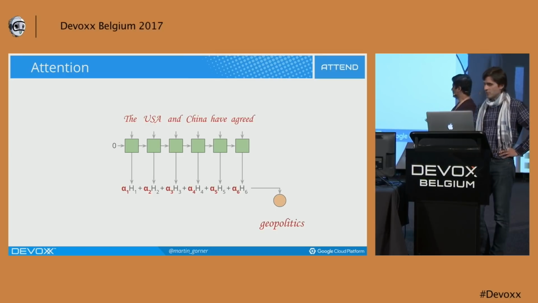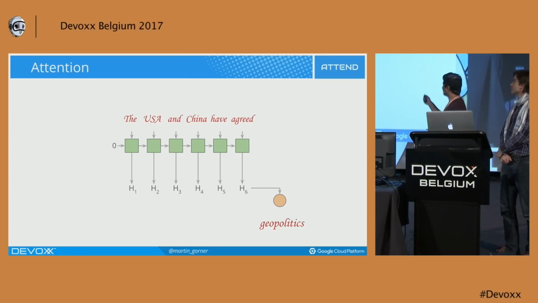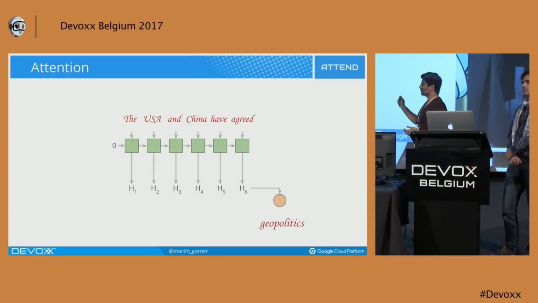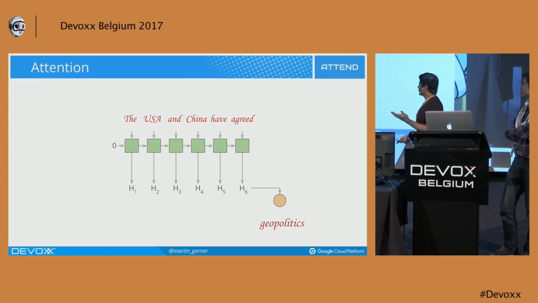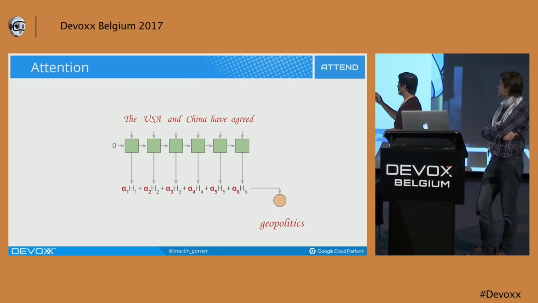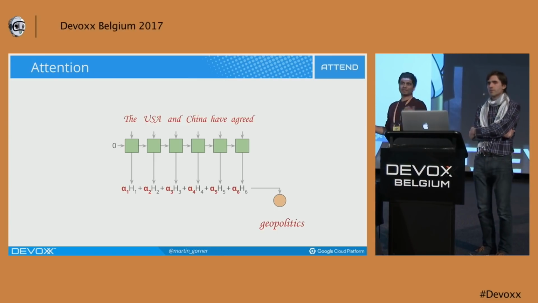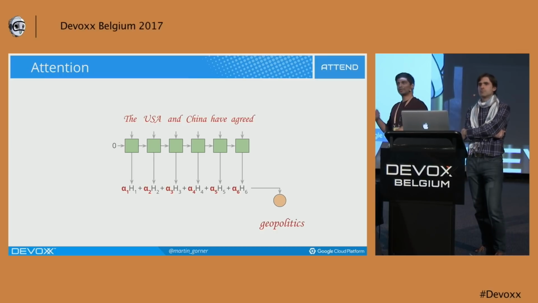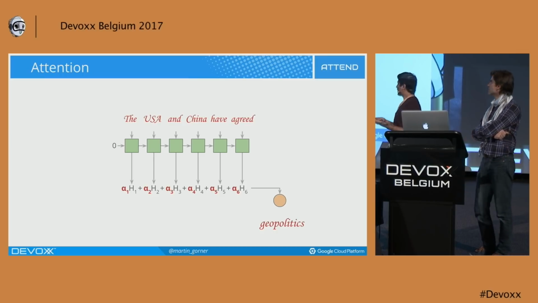Okay, so you can take this information, and you now have the outputs of all the cells. You can do something simple like just take the straight average of these vectors and feed that to your predictor. But it's also true that not all of this information will be equally important. So you might want to use a weighted average. So you want some weights that tell you which words are the most important and which words are less important. And the question is, how are you going to come up with these weights? You could try and learn them from scratch, but that's not so good.